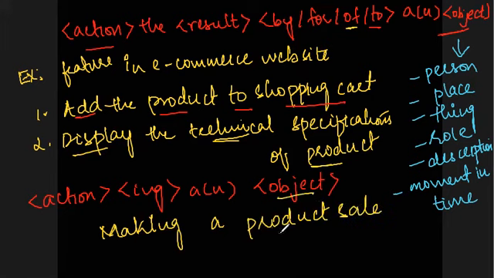Here the object is product sale, and the action plus ing is making. This is a feature set that is going to group different features into a business category. Within this product sale, there are going to be different products and different brands. So you have a feature set that groups into different business related categories, that is, you can have different brands within a particular product. Based on that, this is the template that you're going to use within feature driven development.